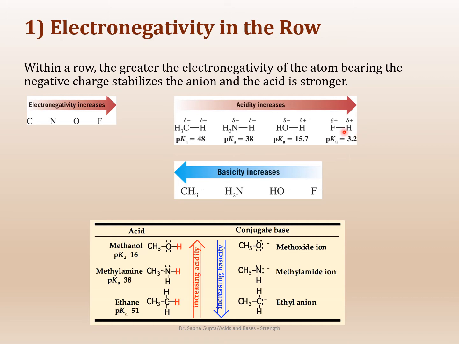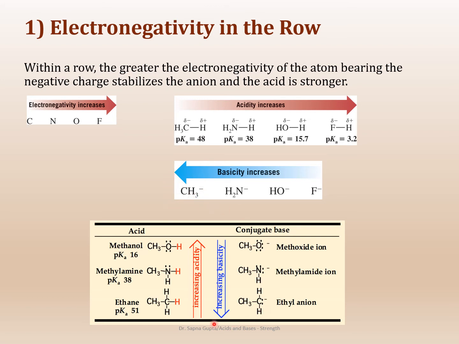The more polar the bond is, the easier it is for the hydrogen or a proton to go away, which makes it a strong acid. So here are your strong acids on this side, which means that the basicity is opposite. If this is a weak acid, it's got to give you the strongest conjugate base.